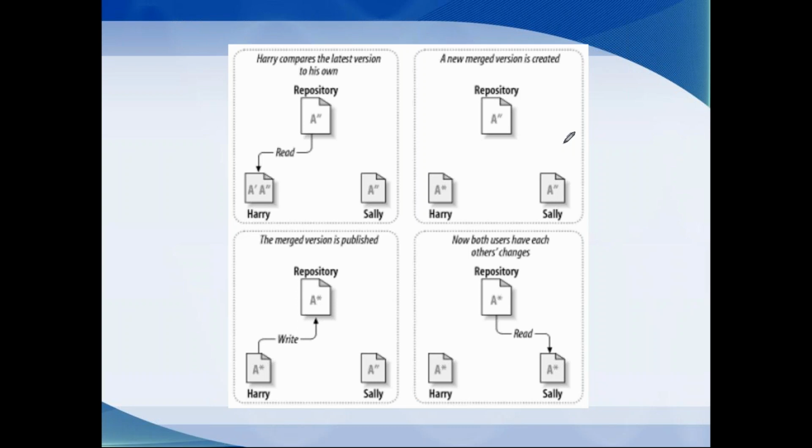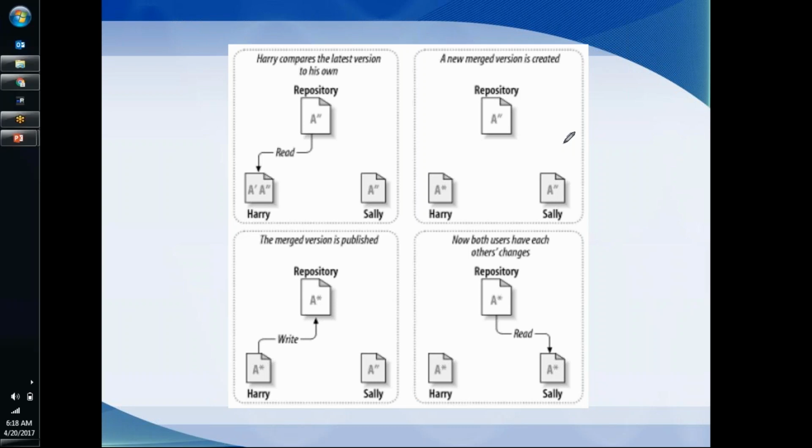In a normal situation, if you don't have any version control system, whoever saves the file first will be saved. If the second person saves again, the first person's work will be lost and overwritten by the second person's.